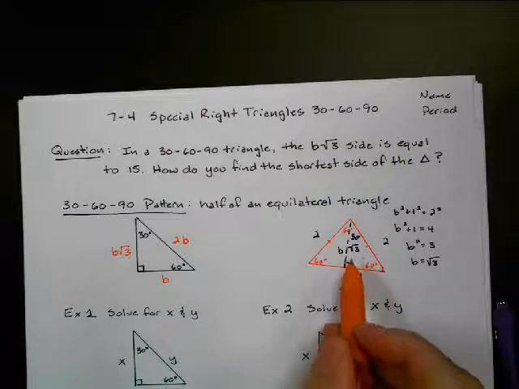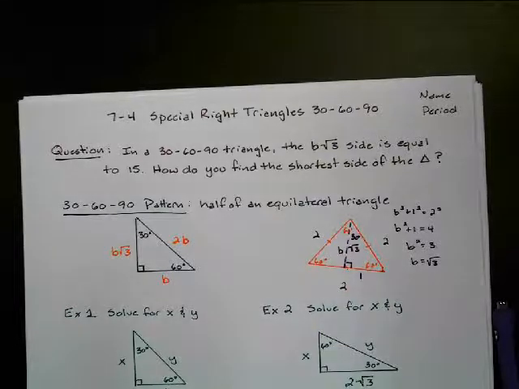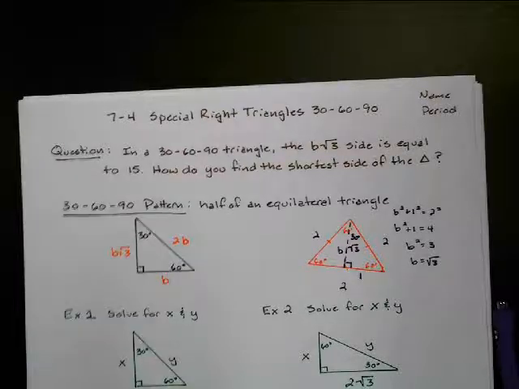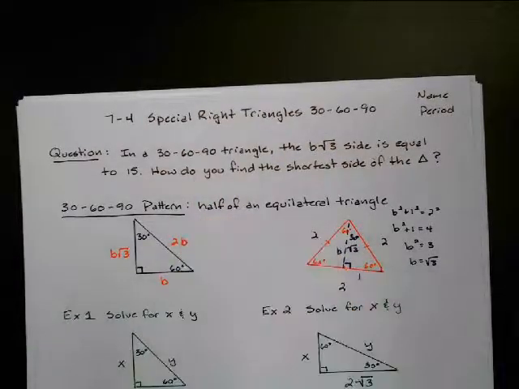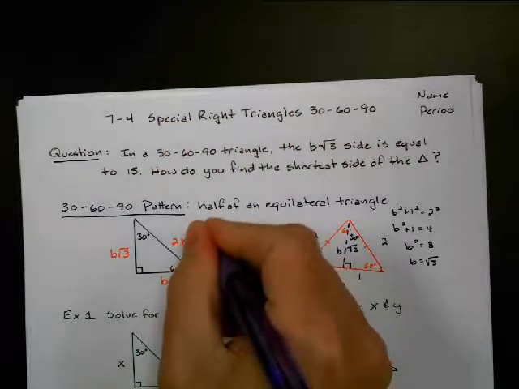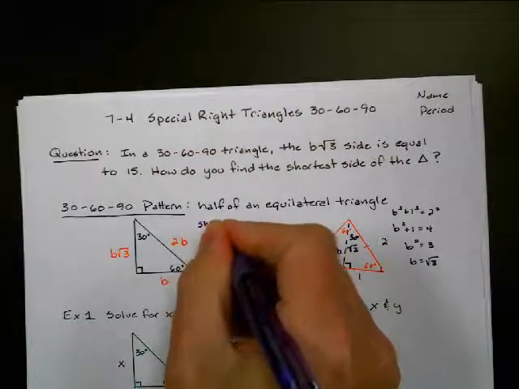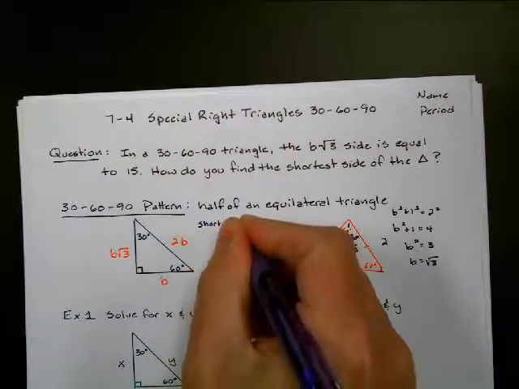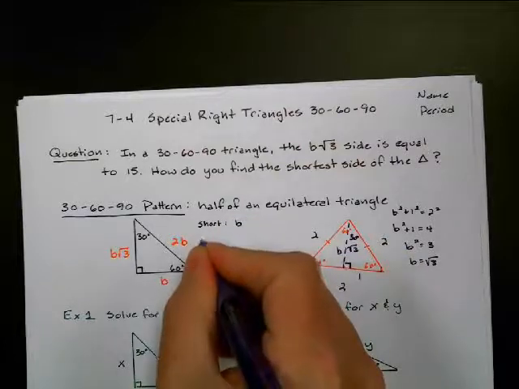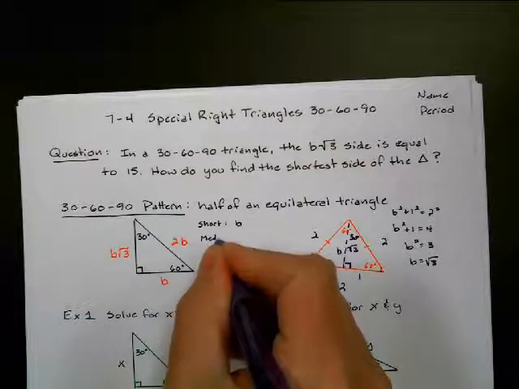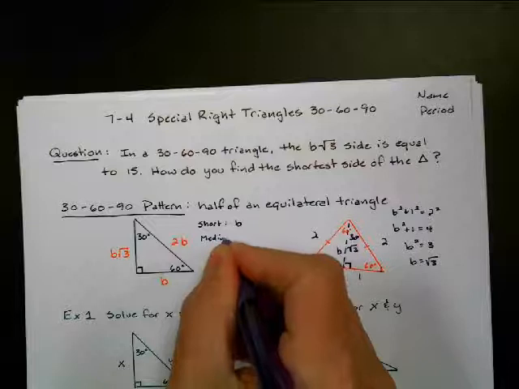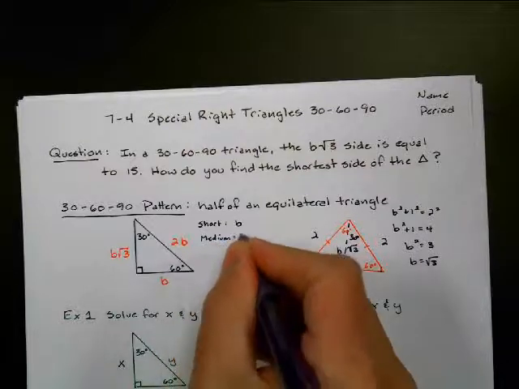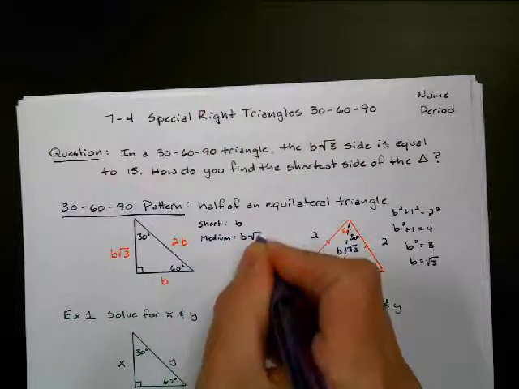So that's our pattern for a 30, 60, 90 triangle. The short side, let's do it purple, the short side we're going to call B. The medium side, that's the side opposite the 60-degree angle, is going to be B times root 3.